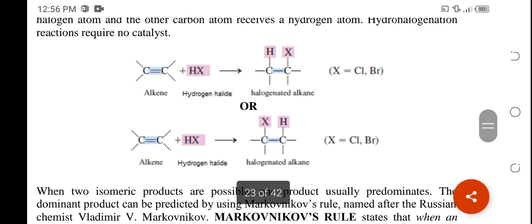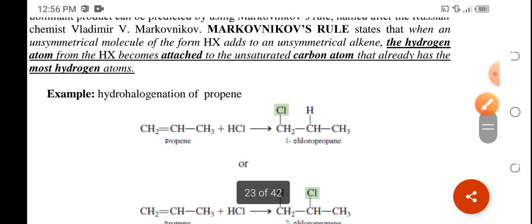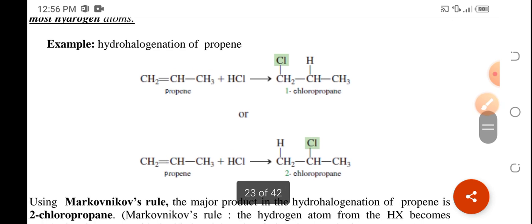Since merong dalawang possible product to be formed during hydrohalogenation of an alkene, in order for us to know which one predominates, the hydrogen coming from the hydrogen halide will go to the carbon atom that bears most of the hydrogen. So to have a concrete example, let's have hydrohalogenation of propene.